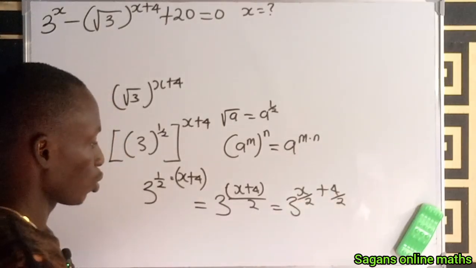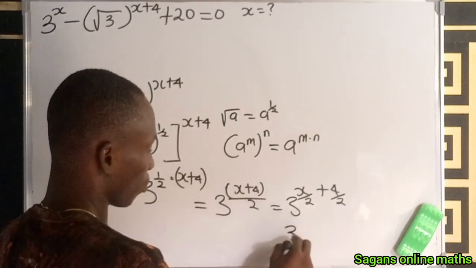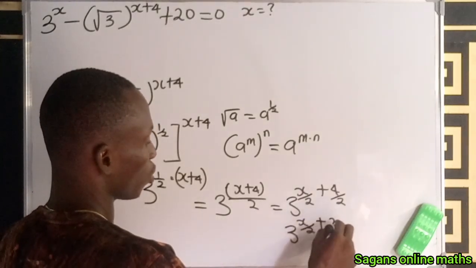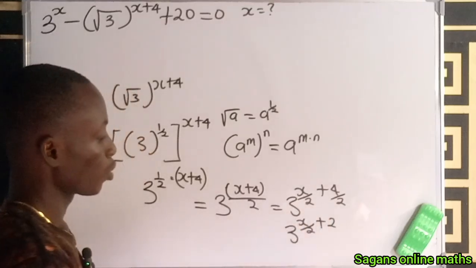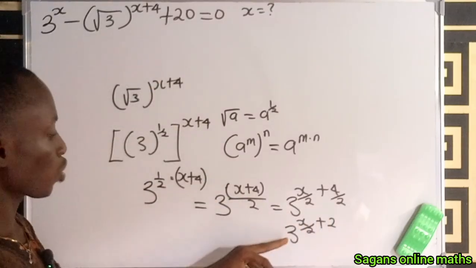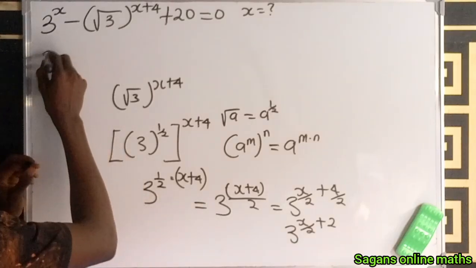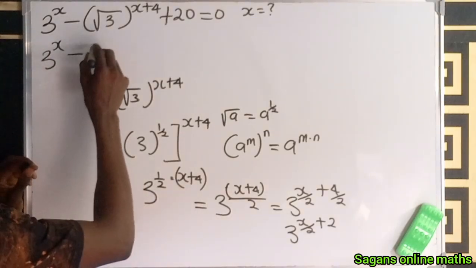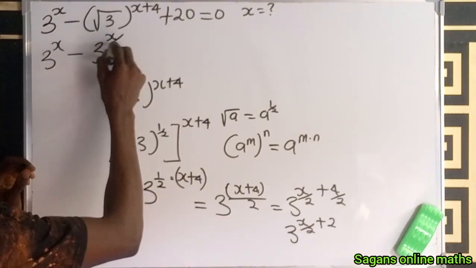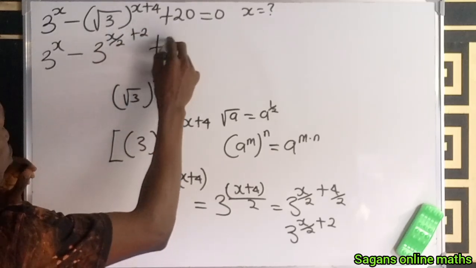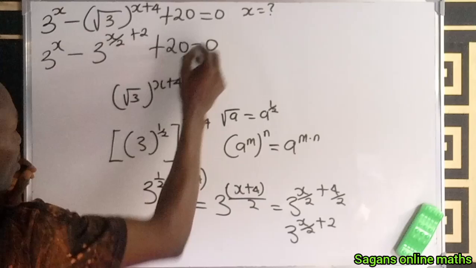Now 4 divided by 2 is 2, right? So this to the lowest term is just 3 to the power of x divided by 2, plus 2. So I can bring it as 3 to the power of x minus 3 to the power of x divided by 2 plus 2, then plus 20 equals 0.